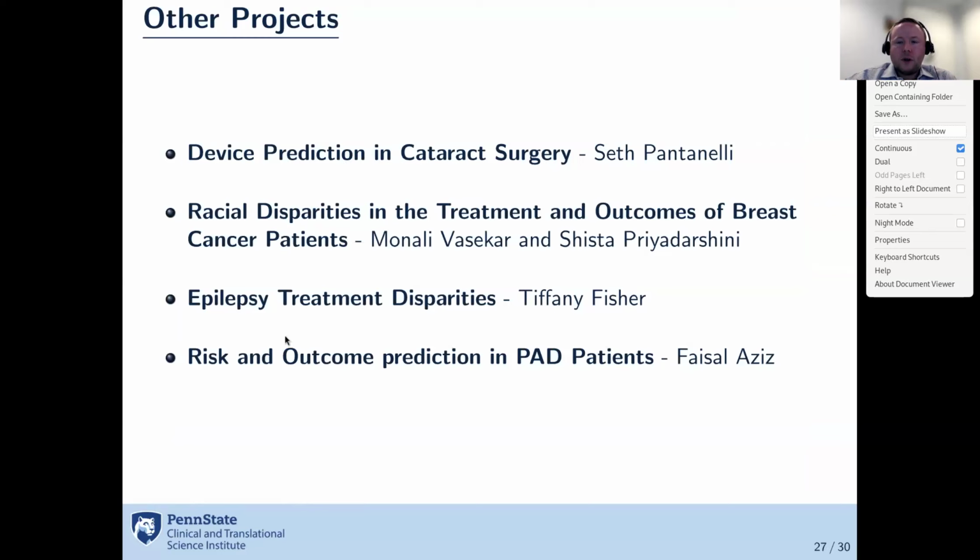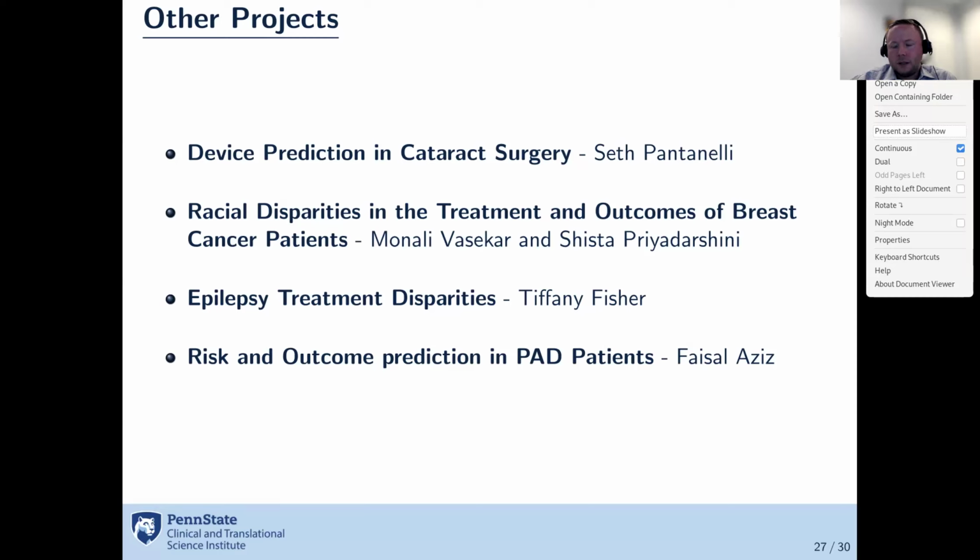Some of the projects that we have going on, we have a project with Dr. Seth Pentinelli, and this is about developing a model to predict whether a pupil expansion device is required in cataract surgery patients. There are some ongoing projects with, again, Dr. Vaskar's group, focused around racial disparities in the treatment and outcomes of breast cancer patients.